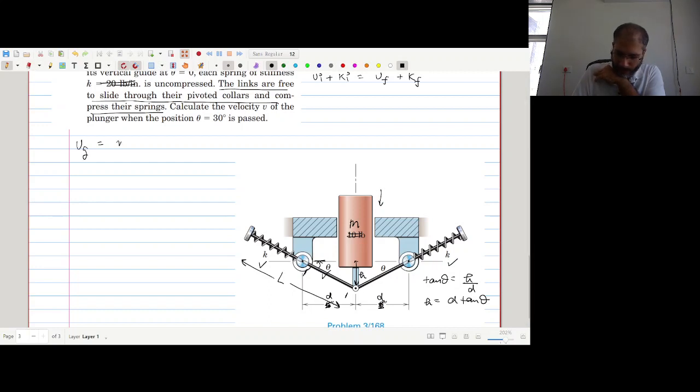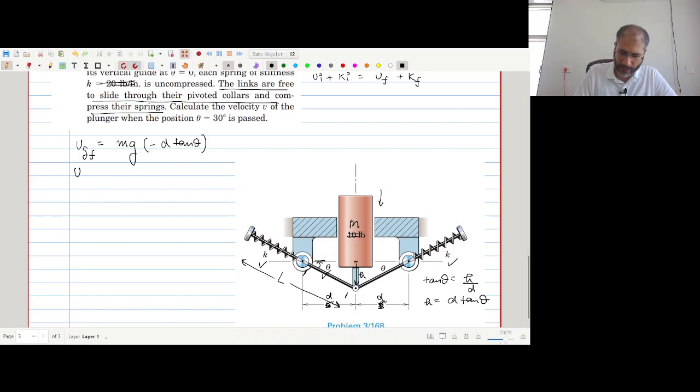That is mg times h, and the h in this case is negative because we have defined the zero of gravitational potential energy at theta equal to 0. So this becomes mg times minus h, which is minus m g d tan theta. That's the final expression for the gravitational potential energy.